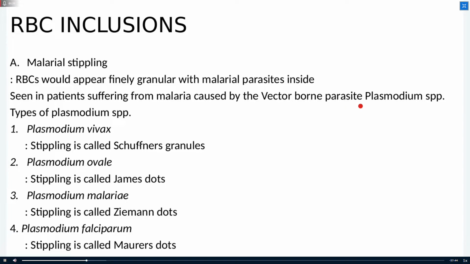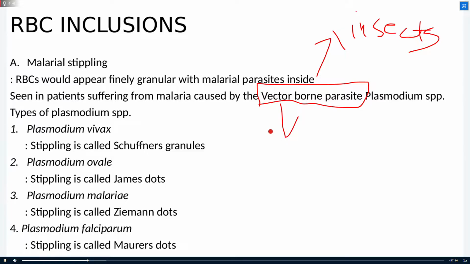Class, vector-borne. When you say vector, this would refer to your insects. The question for this class is, what is the vector of your Plasmodium? What's the name of the mosquito, Lara?